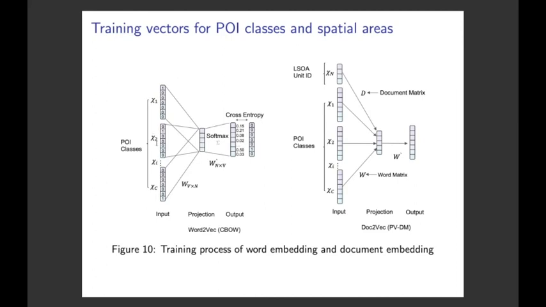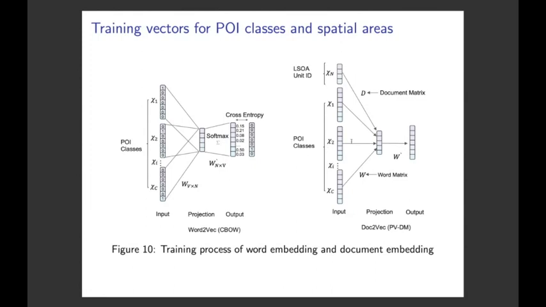For instance, if these are the surrounding POIs, we select the central POI and put it at the end as the true label. So in the end, we can use cross entropy to compare the performance of these predictions, and then we can tune the parameters in the whole model, and eventually get those vectors to represent the POI class.